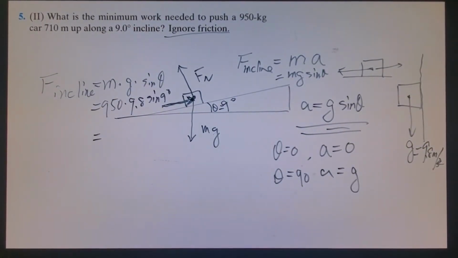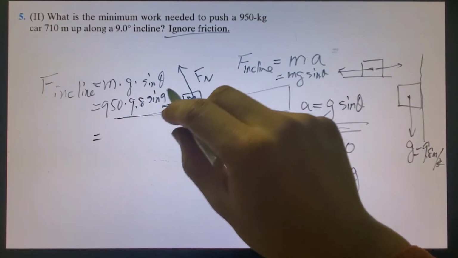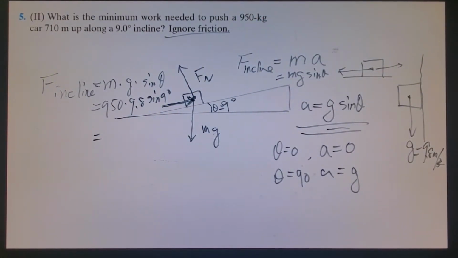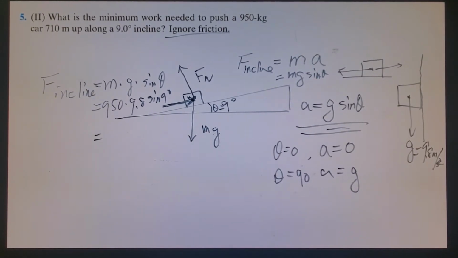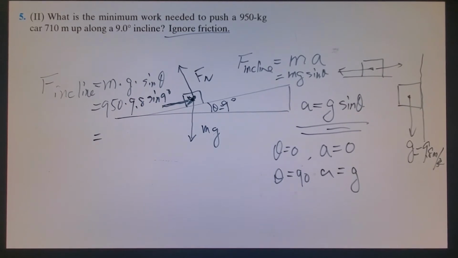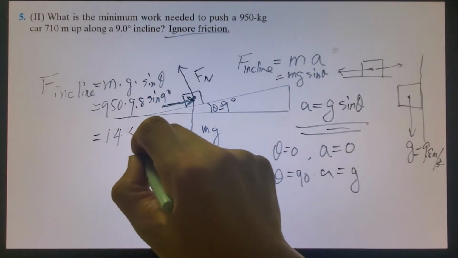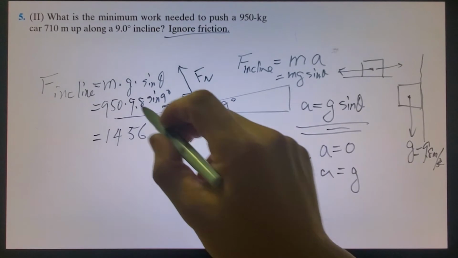By the way, you have to know how to use your scientific calculator to do sine of an angle. So 950 times 9.8 times sine of 9 degrees is going to give me 1456 newtons.